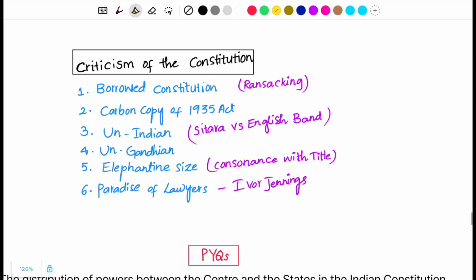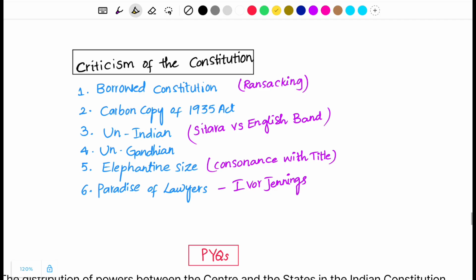Be it fundamental rights, directive principles of state policy, the division of powers, federal powers, or the 5-year plans we have adopted from the Soviet Union. Also from Japan, we have adopted most of the provisions from famous countries. The carbon copy of the 1935 Act.